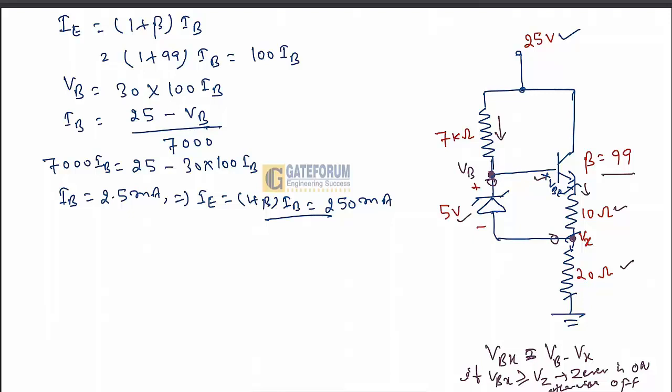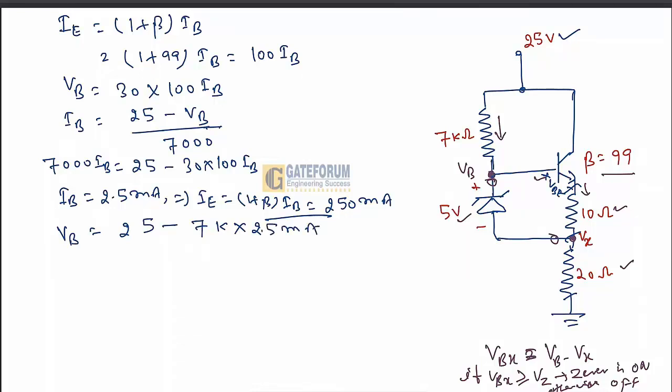Now we need to calculate the base voltage VB by knowing IE or IB. So VB is equal to 25 volt minus 7K into the base current, which is 2.5 milliampere.